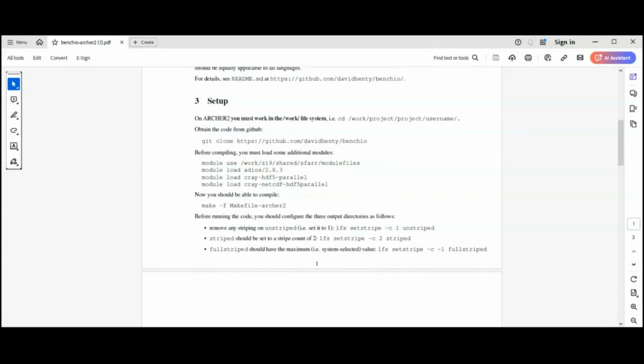Yeah, there are two repos, one for the course material and one for bench.io. Hopefully they're linked.